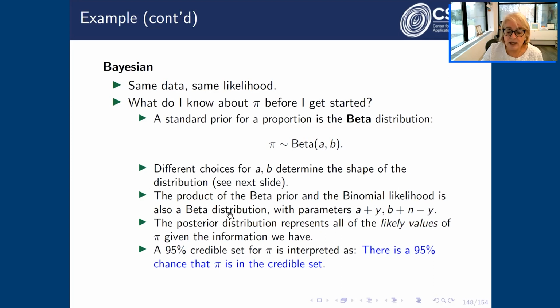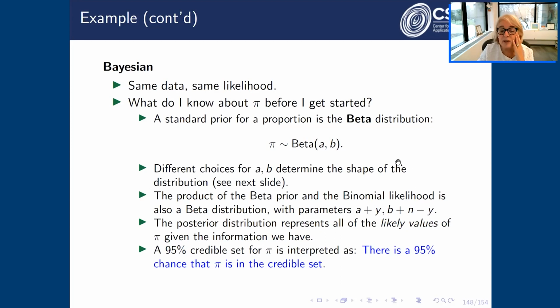What does it mean to have a conjugate prior? It means that if I take the prior and multiply it by the likelihood, the posterior is going to be in the same form as the prior. So in this case, I have a beta prior and a binomial likelihood, so I know that the posterior is also going to be a beta.